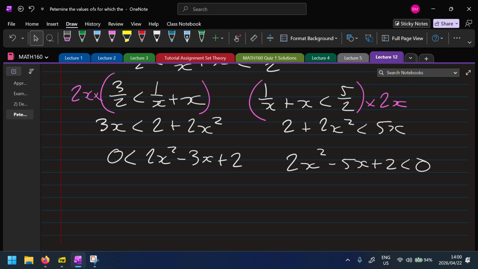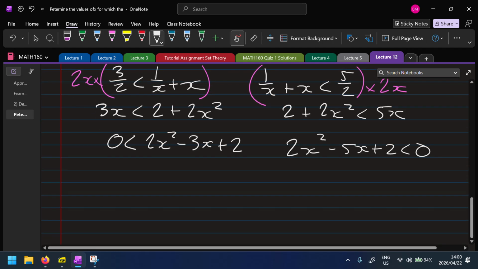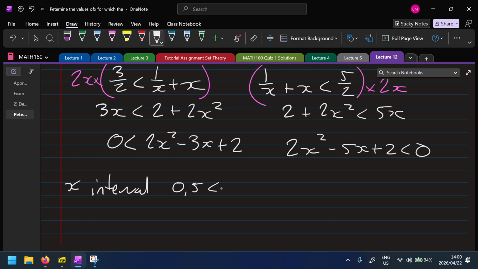No. Smallest x value, largest x value from the solutions. Yeah? 0.5. Yeah, that's one of them. Good. And then the larger x value? 2. Perfect. So the x interval will be 0.5 less than x less than 2. Yeah, perfect.